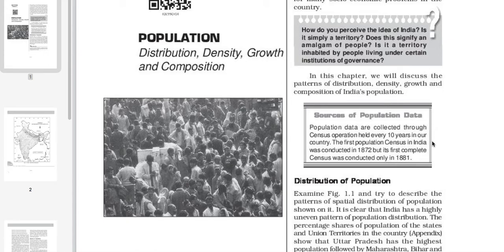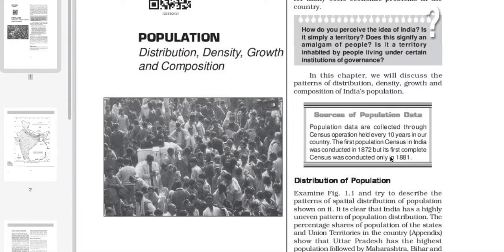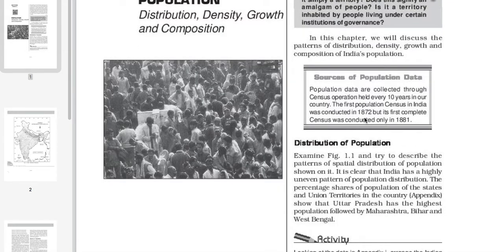These are your important questions for 1 mark: when was a complete census conducted in India, when was the incomplete census conducted, and after how many years is the population data collected? After 10 years. So one by one we discuss all topics of this chapter.